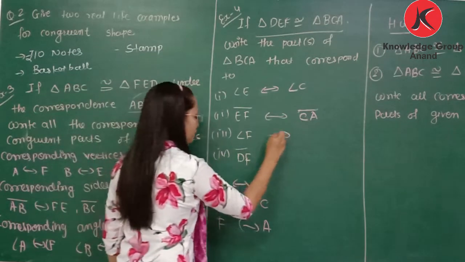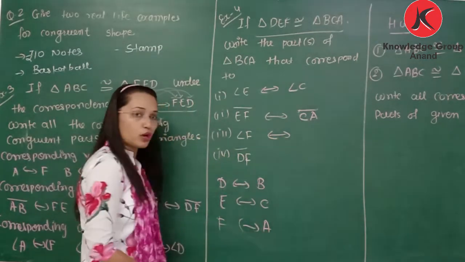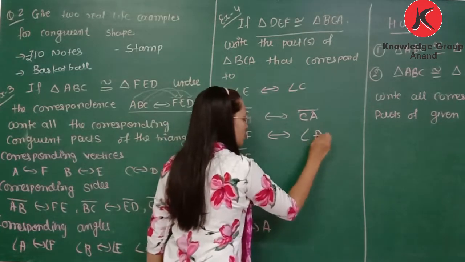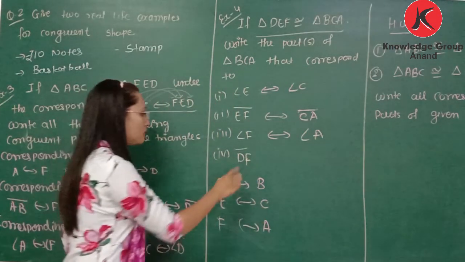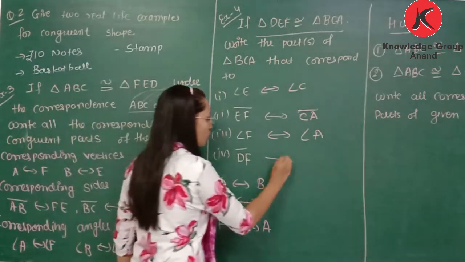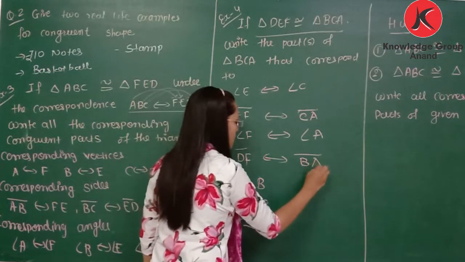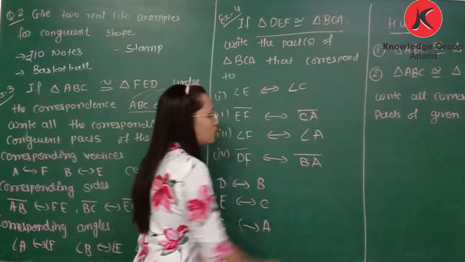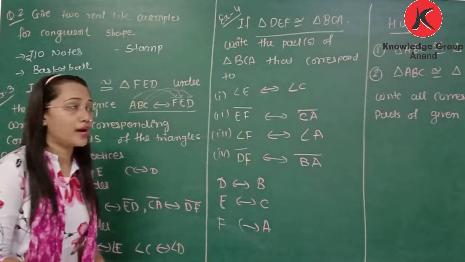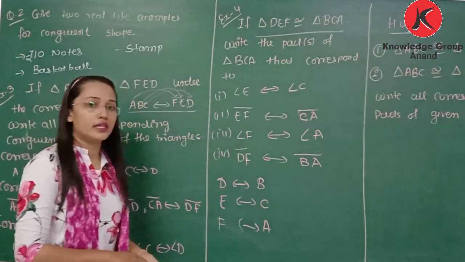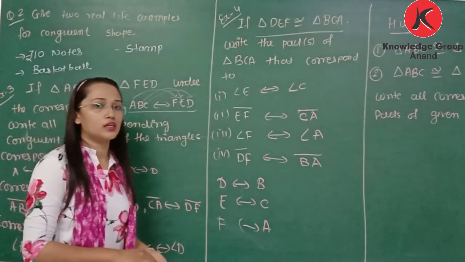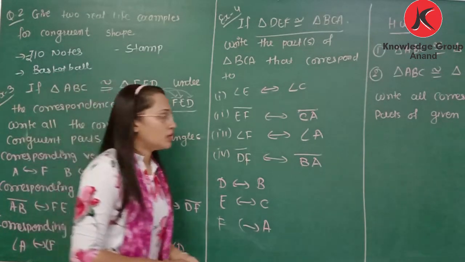Now angle F: F corresponds to A, so you can write angle A. Now DF: D corresponds to B and F corresponds to A, so DF corresponds to BA. So these are the corresponding parts under the congruence of triangle DEF and triangle BCA.